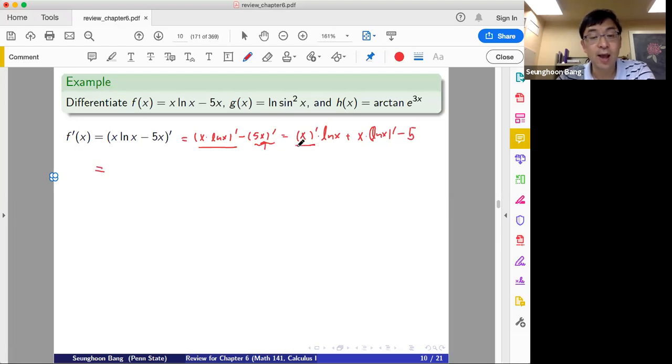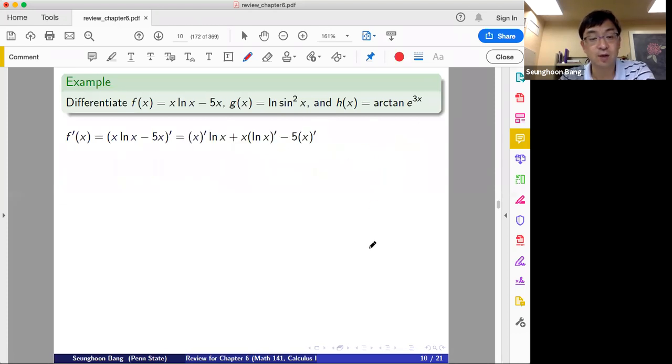Here, x prime is 1, so 1 times ln of x is ln of x, plus x times 1 over x, minus 5. The x is crossed out, so we have ln of x plus 1 minus 5. The final answer is ln of x minus 4.